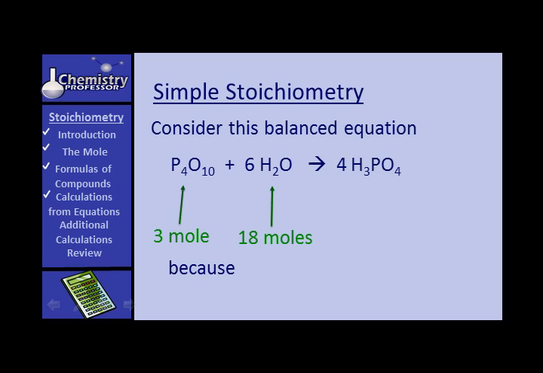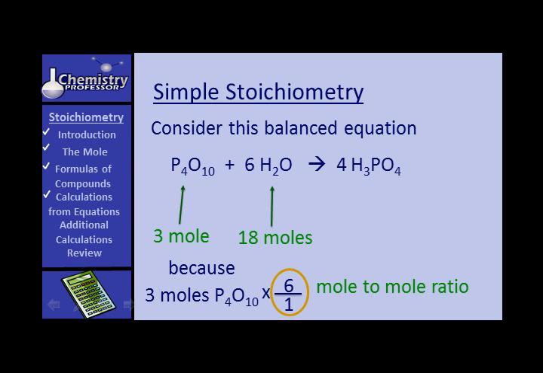It's going to need 18 moles because 3 moles of P4O10 will require water on a 6-to-1 mole ratio. Look at your equation. That is called our mole-to-mole ratio, or it may be referred to as a stoichiometric ratio.